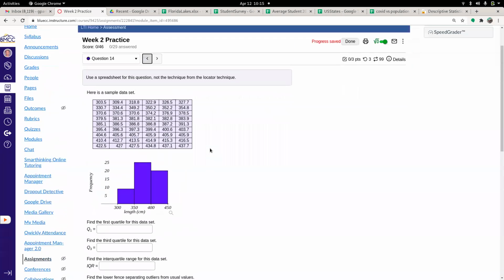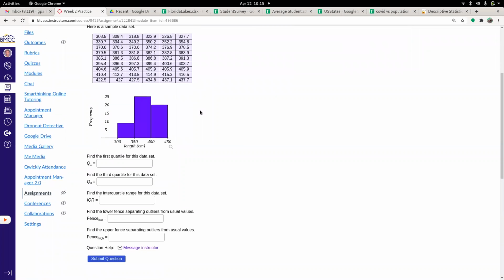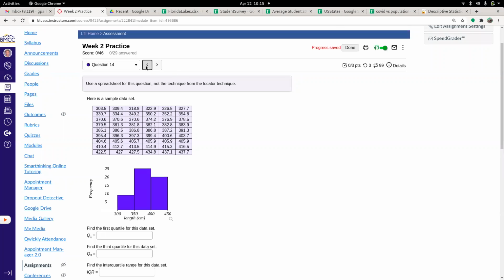Yeah, and one thing you want to do is pay attention if it says do it by hand or use a spreadsheet, because you will not get the same answers on each one there. And 26 is like this one.